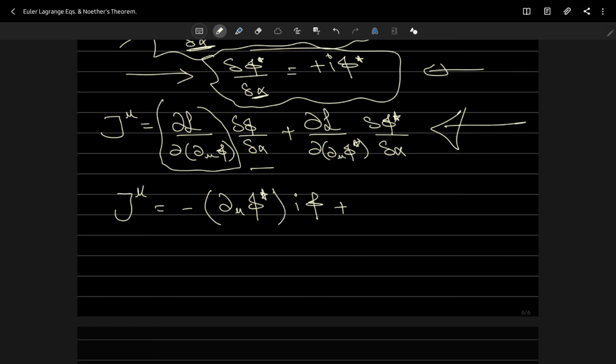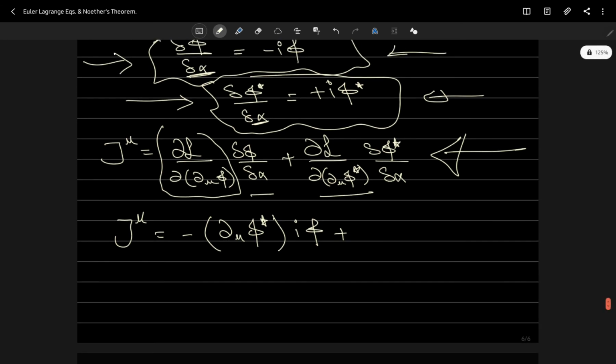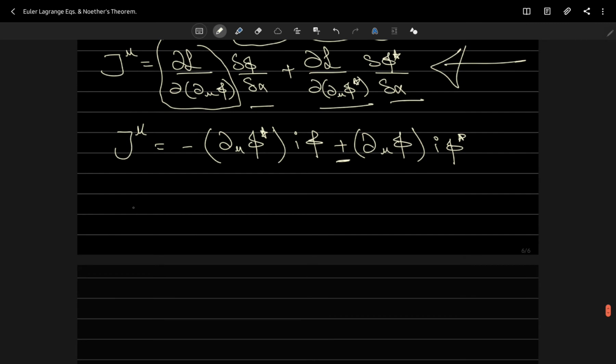And then we have this term. This term is simply plus partial mu phi, and we have this thing multiplied by this thing, which is plus iota phi star. And we can simplify this a bit. We can factor some terms out.